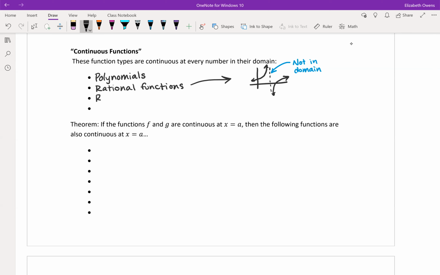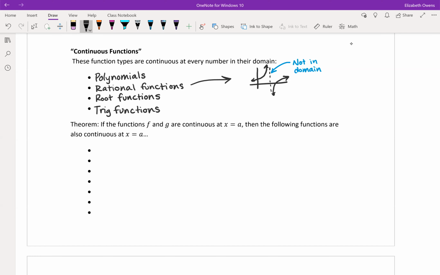Okay, now root functions. Those may also have some places where they're undefined, like for example, taking the square root of a negative number. But again, those values, negative values, would not be in the domain of that function. So they kind of get away with it. And the trig functions. Okay, so for sine and cosine, you might be able to envision that pretty clearly.